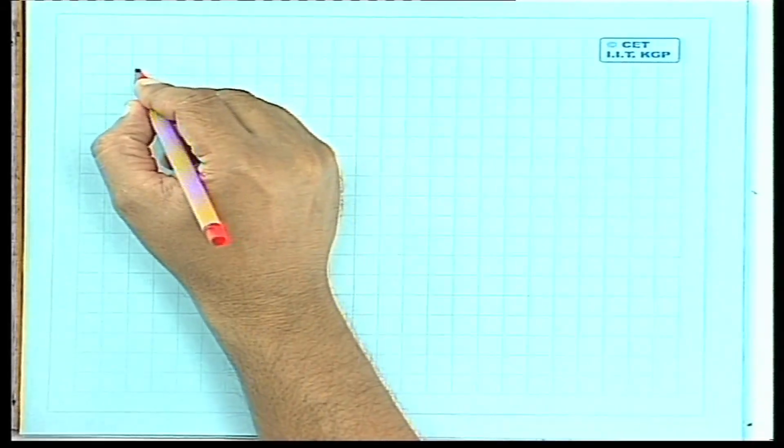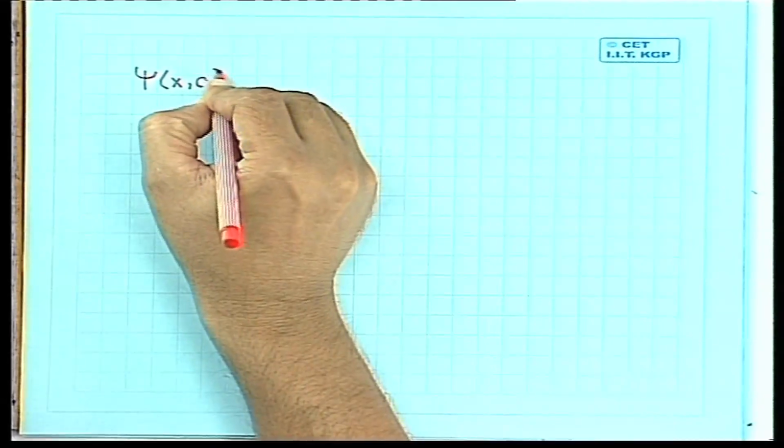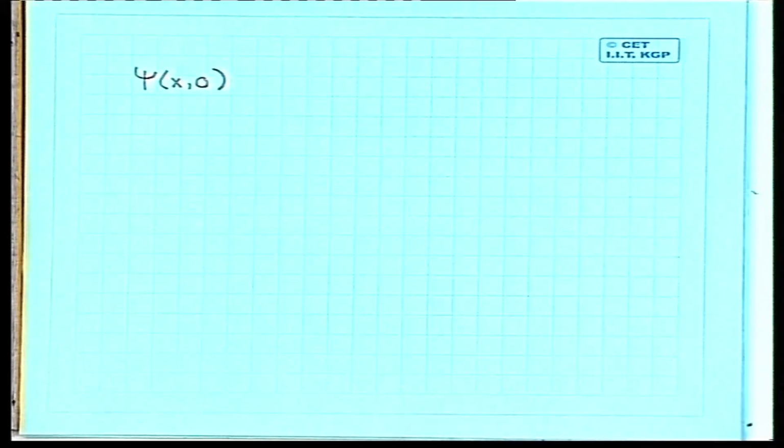So this is quite simple. Now suppose we have a situation where the wave function of the particle at the initial instant is not one of these stationary states. The question now is, suppose I give you some arbitrary psi of x, and I want to look at the time evolution of this. How do we go about doing it?